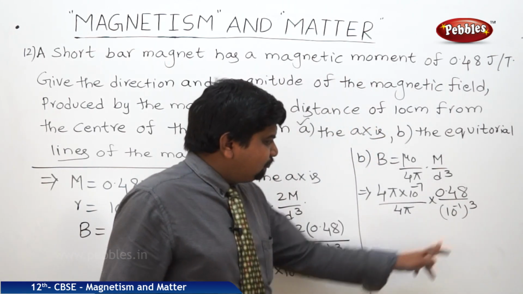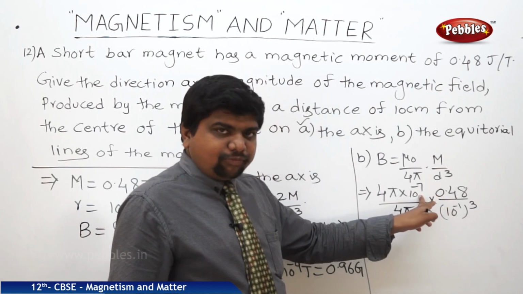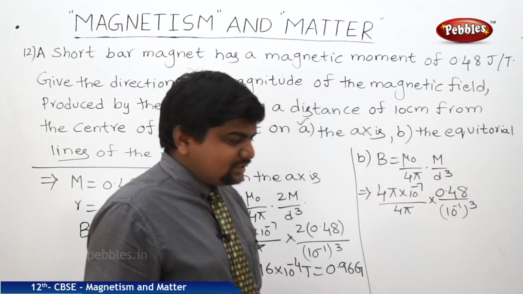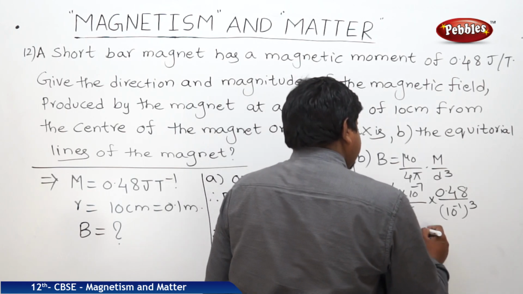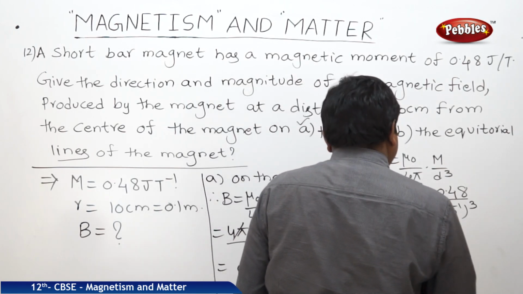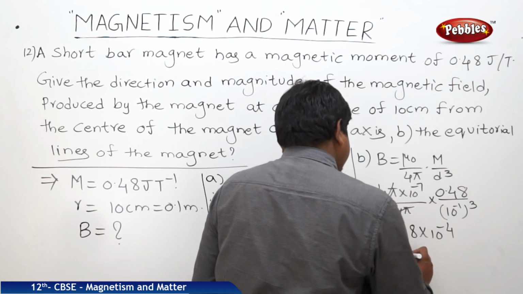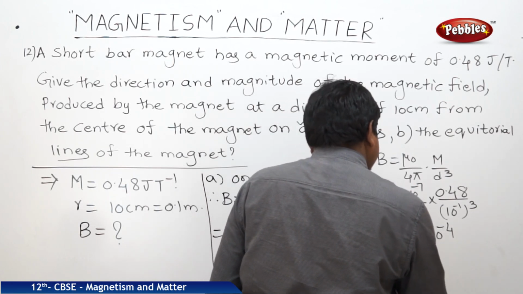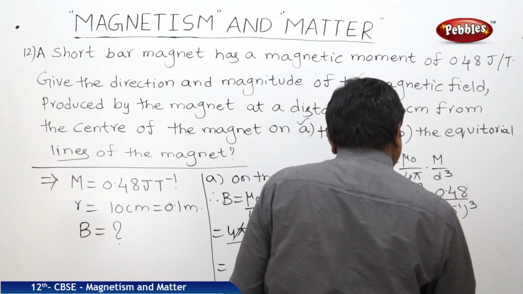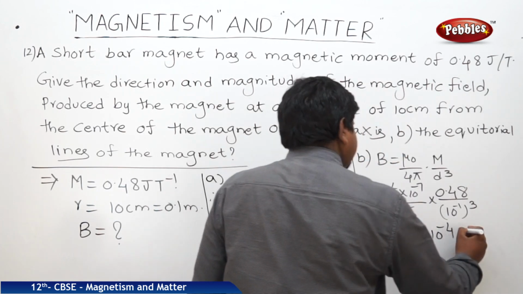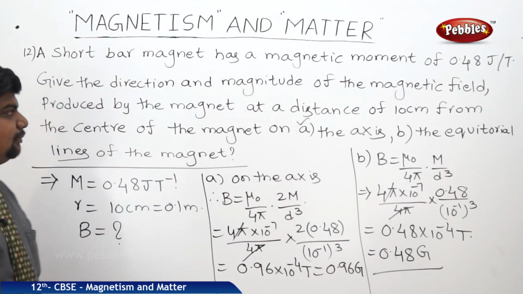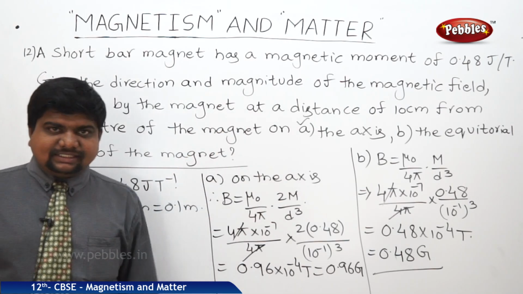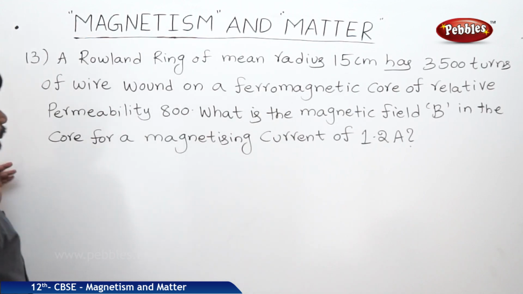Again 10 to the power of minus 3 goes up, 10 to the power of plus 3, 3 minus 7, power of minus 4. So it is 0.48 into 10 to the power of minus 4. In other words, we can write 0.48 Gauss. So like this, we can understand the magnetic field along one axis. So this is the problem.